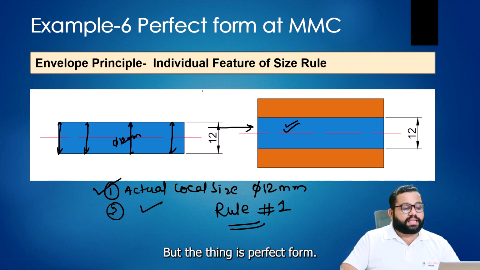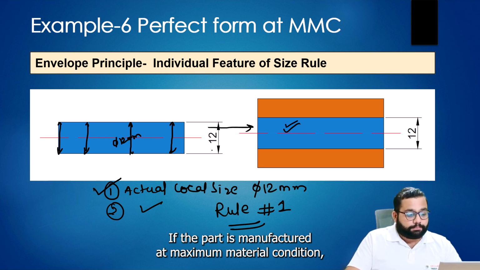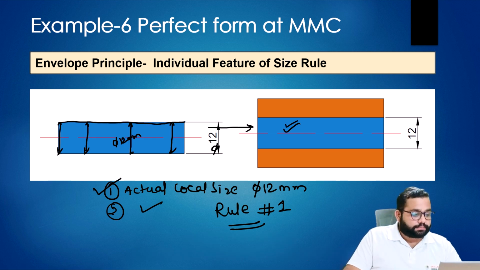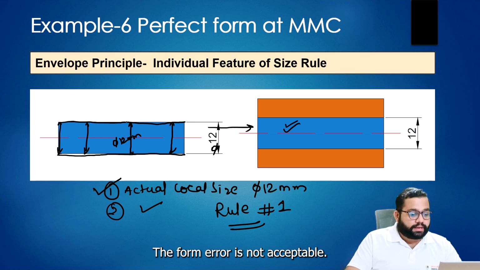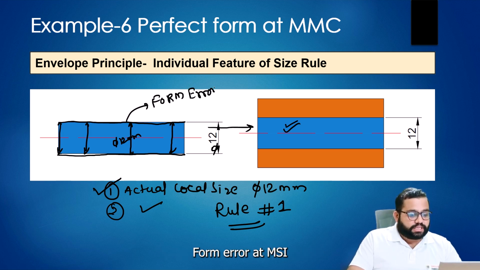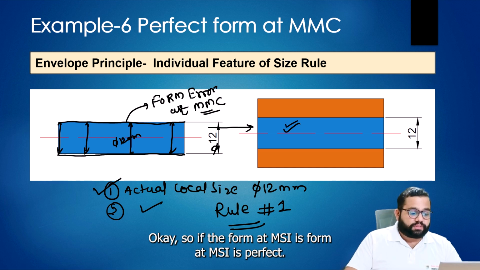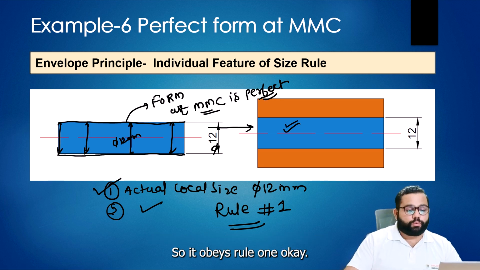But the thing is perfect form. If the part is manufactured at maximum material condition, the form of this part, the shape of this part, should be perfect. The form error at MMC is not acceptable for obeying rule 1. If the form at MMC is perfect, then it obeys rule 1.